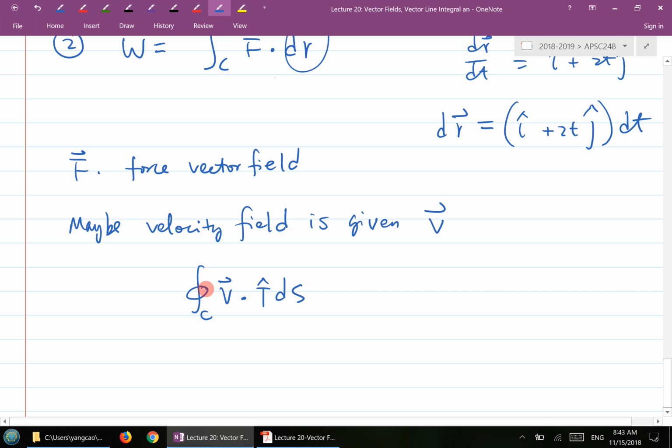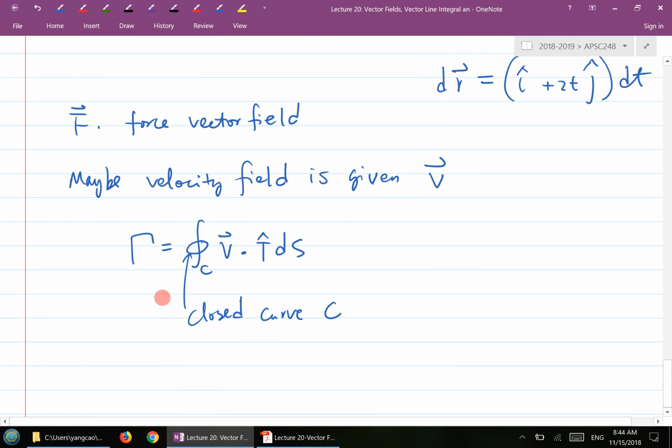This circle means this is a closed curve C. We can integrate this vector field over the curve C, and use the symbol gamma to represent the result of this integration.